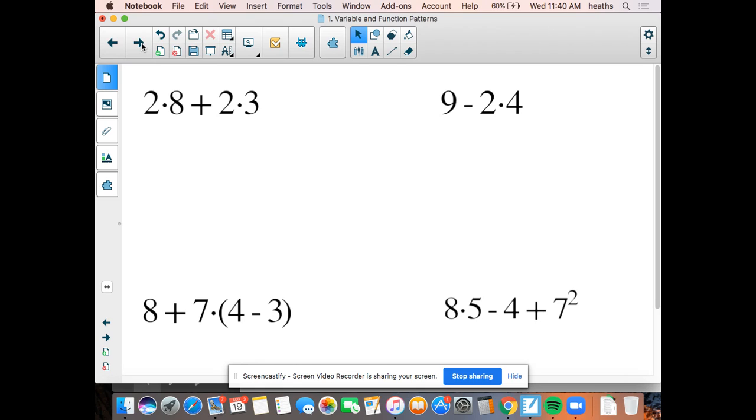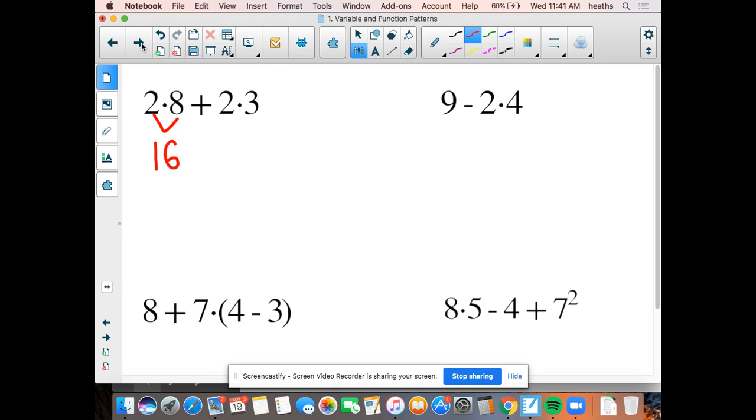So we're going to then go down to the next 2 in the order of operations, which would be multiplication and division. And we absolutely have multiplication here. 2 times 8, that's a multiplication problem. So 2 times 8 is what I would do first. And 2 times 8 equals 16, right? And then we have an addition portion, right? But we're going to skip that for now because we have another multiplication problem at the end of this expression.